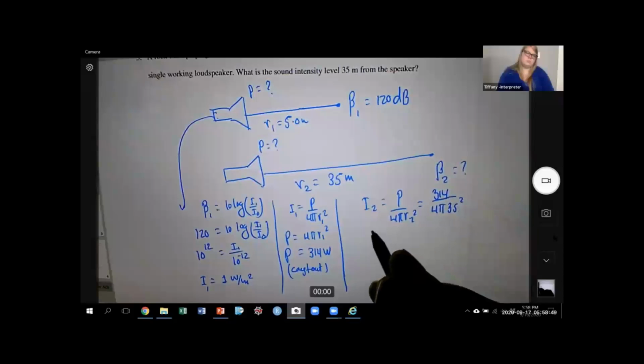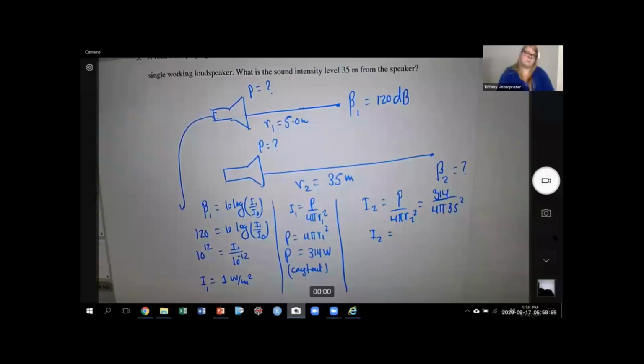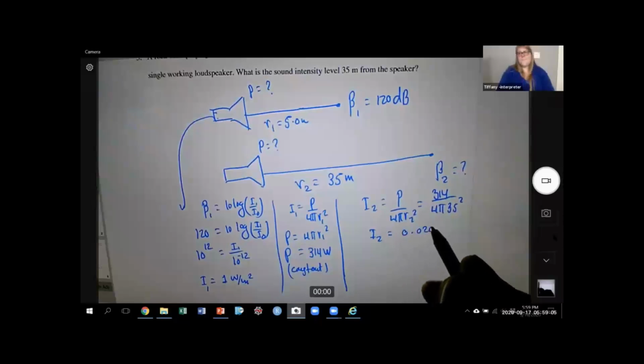The intensity will be 0.0204 watts per meter square.